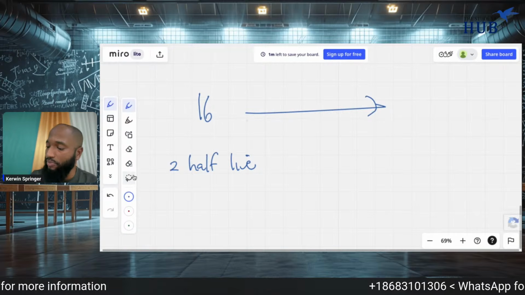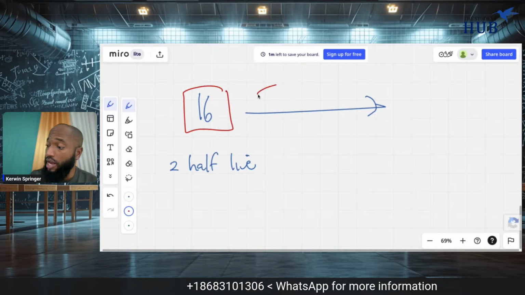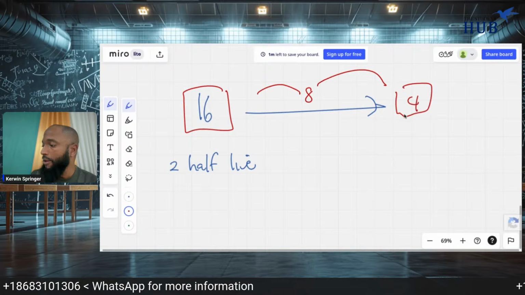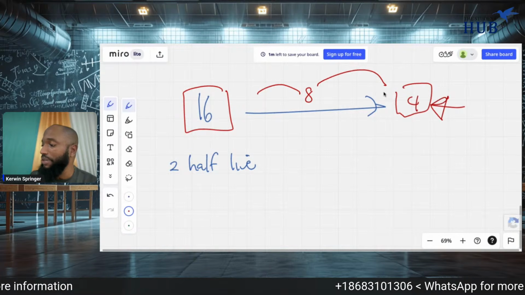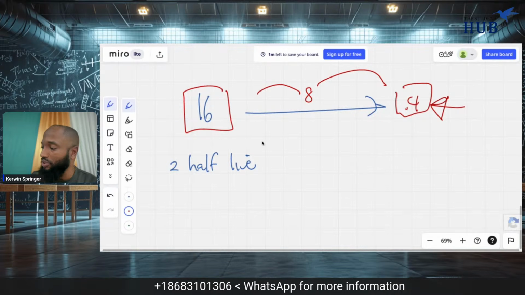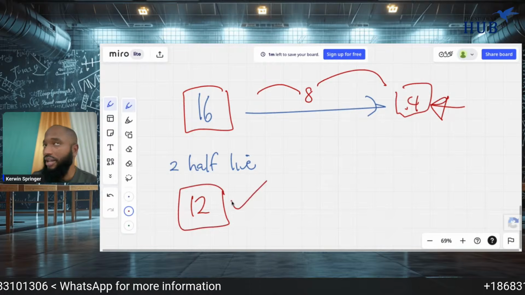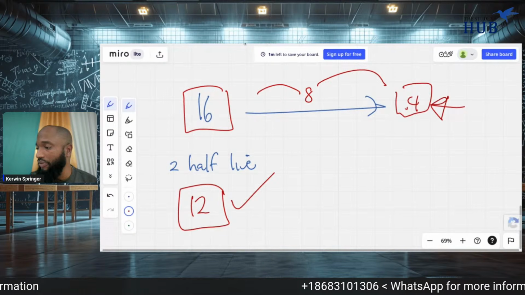You started off at 16. After one half-life you go to 8, another half-life you go to 4. So you end up at 4. Now, the question didn't ask us how many remain. The question asks how many were emitted. So you'd subtract 4 from 16 to find how much was emitted. How much was emitted so far? 12. You all understand the difference in the question? I hope you all do because there's a subtle difference there.